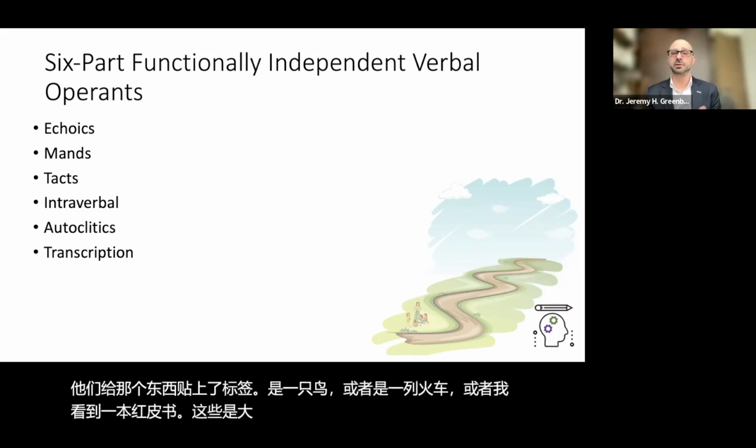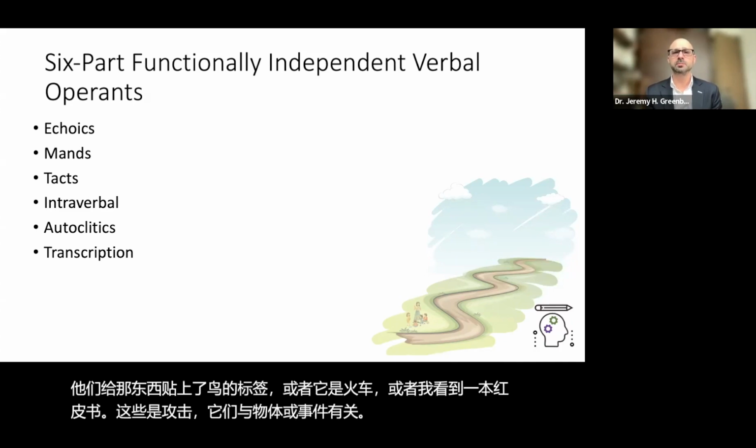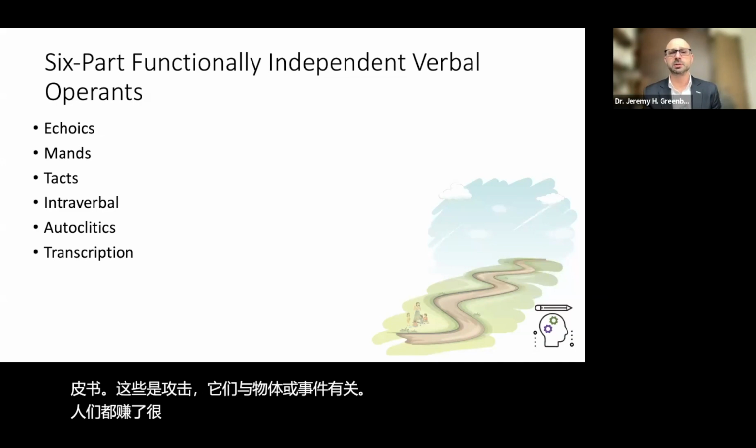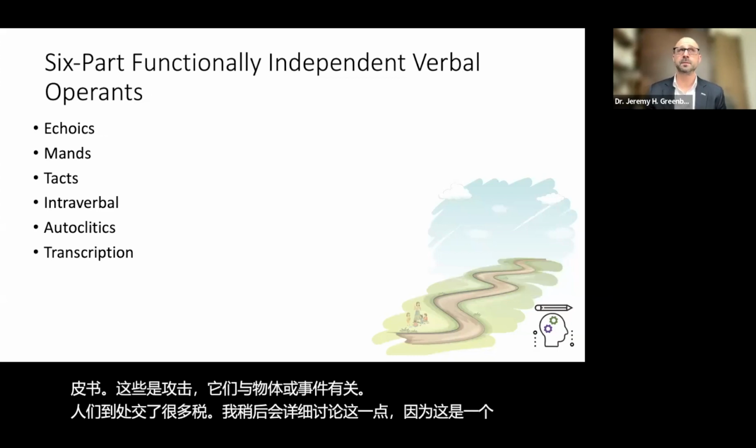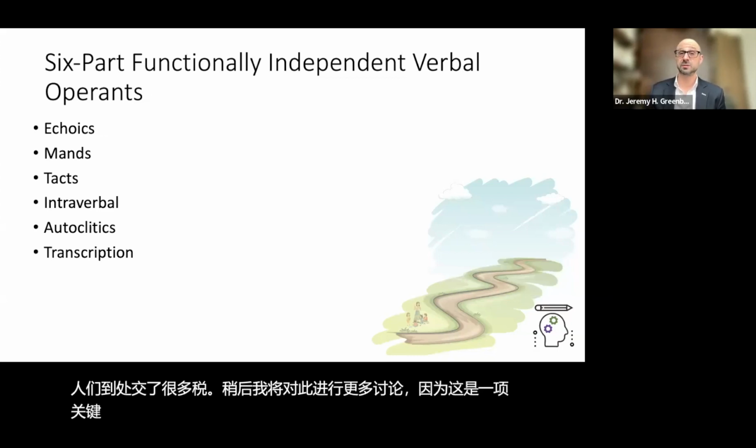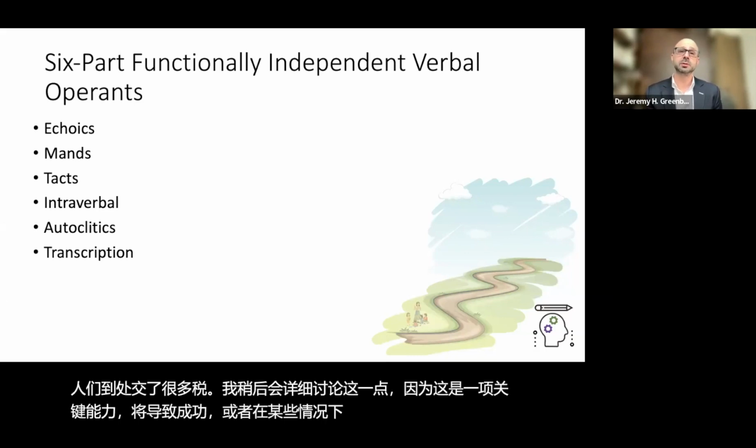And they have to do with objects or events. And people make a lot of tacts all over. I'll be talking a little bit more about that later, because that is a critical capability that will lead to success, or in some cases not success, with students in regular classes.